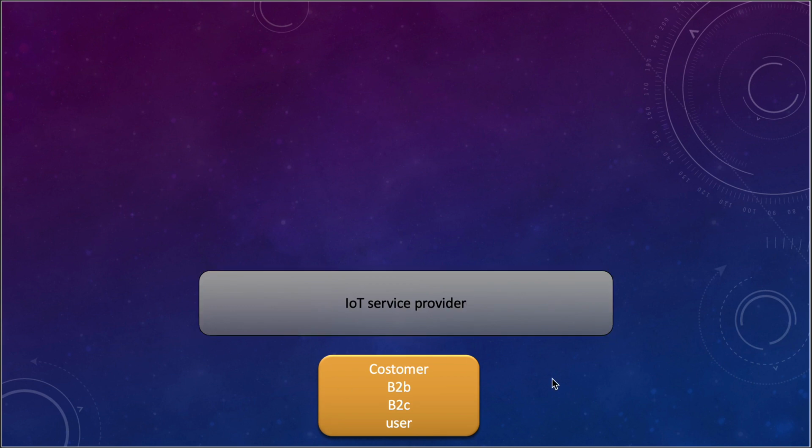The IoT service provider would say, okay, we will give you an IoT package.